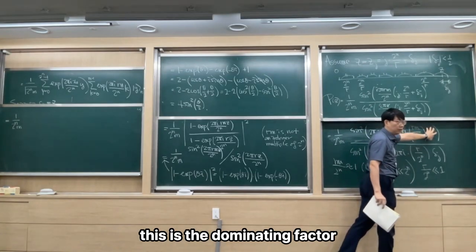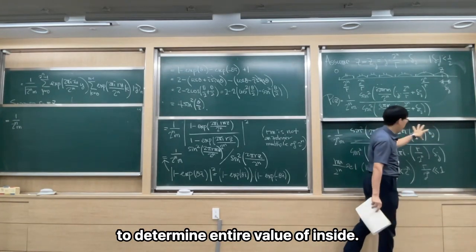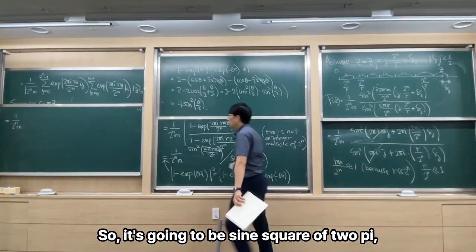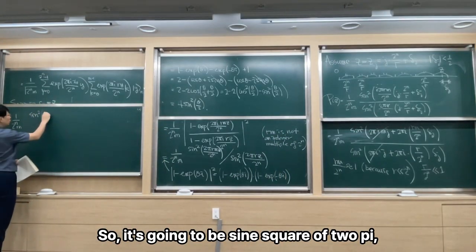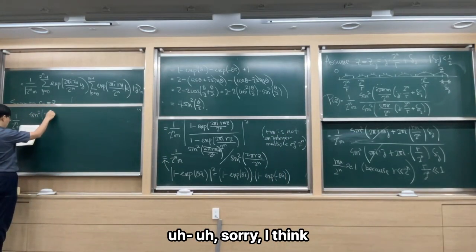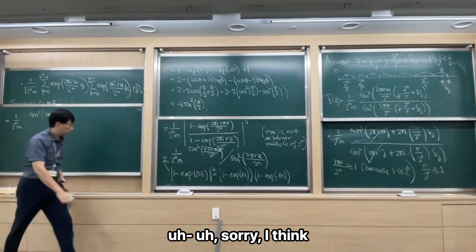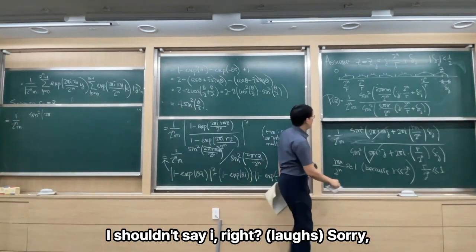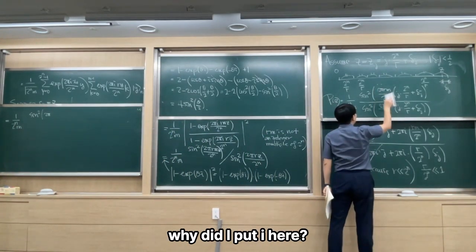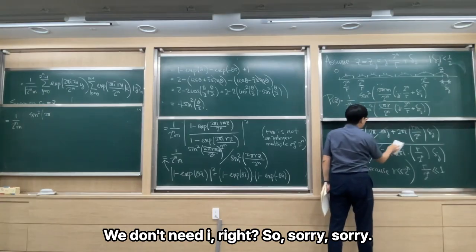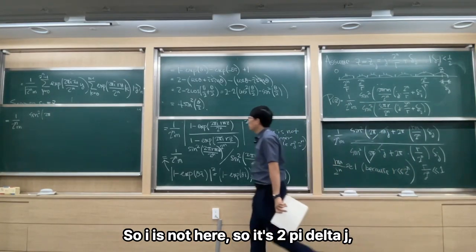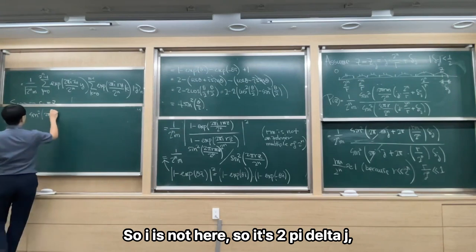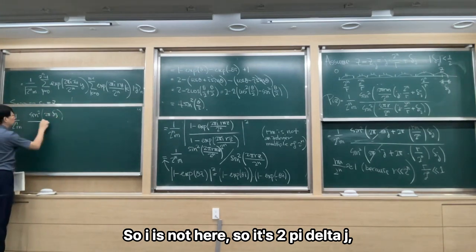This is the dominating factor to determine the entire value inside. So it's going to be sine squared of 2π, sorry, I shouldn't say i. You don't need i, right? So i is not here. So it's 2π delta_j.